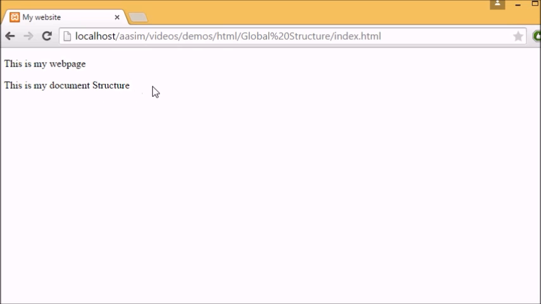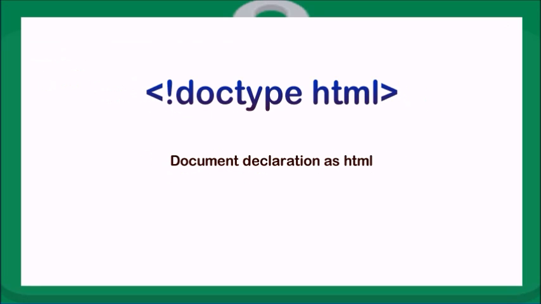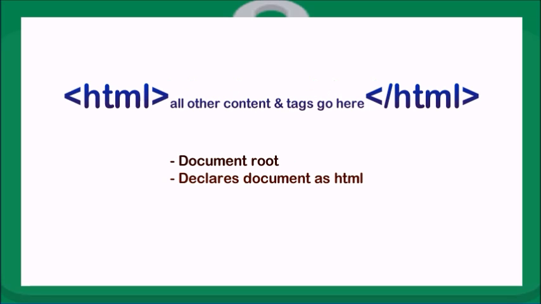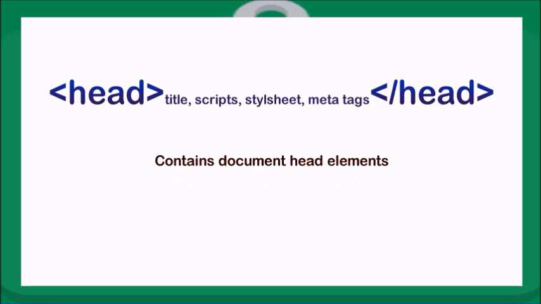So we just created the basic structure of an HTML document, within which we have the doctype, the document declaration. We have the HTML, which is the root of all our HTML elements, and it also declares our document as HTML. Then we had the head element.